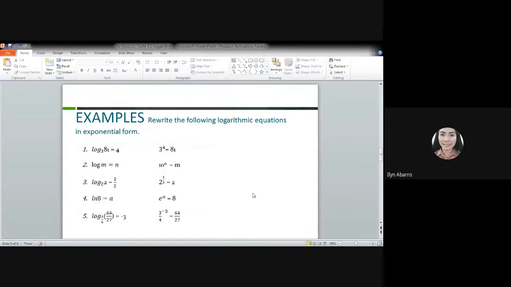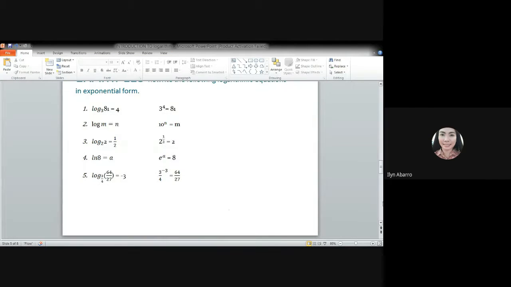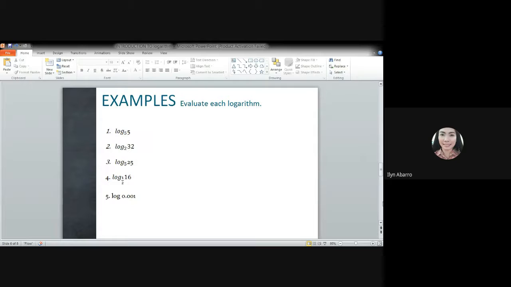Okay? So, let us have next examples. Evaluate each logarithm. When we say evaluate each logarithm, we're going to find its value, and its value is the exponent. Okay? So, ibig sabihin, we're going to find the exponent if it is in exponential form.